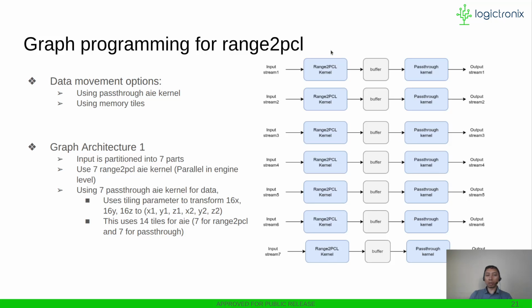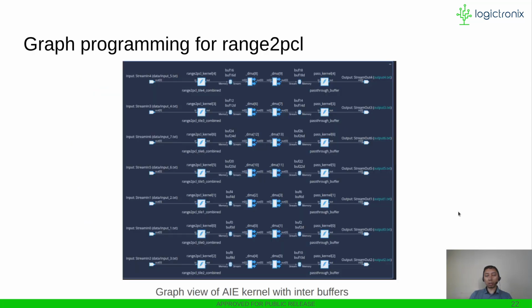So in total there are 14 AI kernel tiles used for computation, and further depending upon the buffer, more tiles will be utilized. After compiling this graph and all this range to PCL kernel programming, you will get the compiled build.